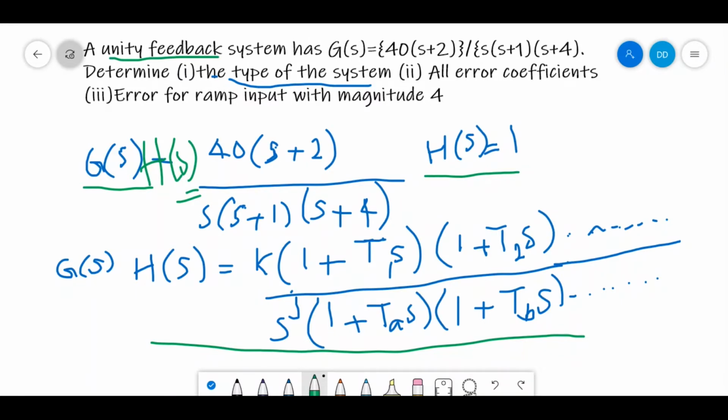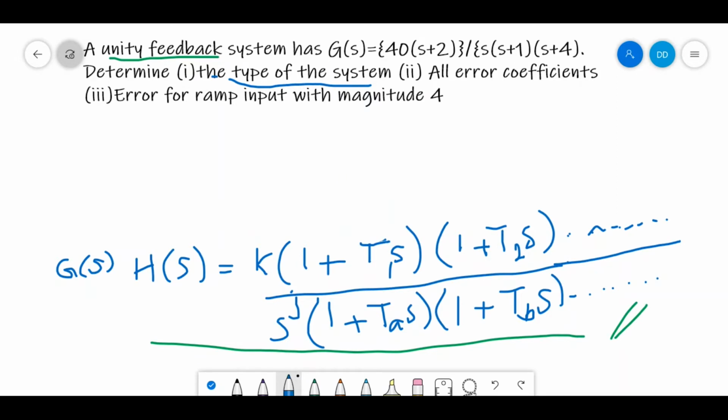We have to rearrange this G of S into H of S in the standard form. To obtain it, from the numerator we take 2 outside, and from the denominator we take 4 outside, because the other factor is already in standard form.